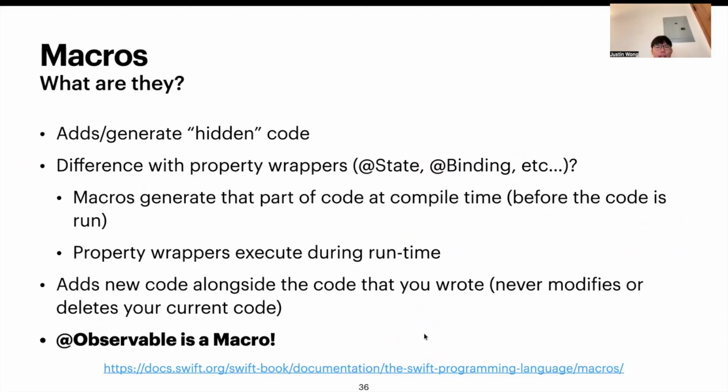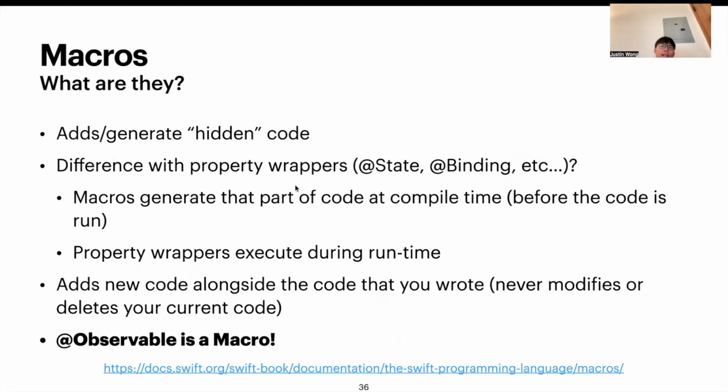Now, macros, like I mentioned briefly before, allow you to add or generate hidden code. You can use this really lightweight syntax to simply add code that's hidden, but it'll expand during compilation. The difference is that macros have a similar syntax with this @ sign, but they expand during compile time, whereas property wrappers execute during runtime.